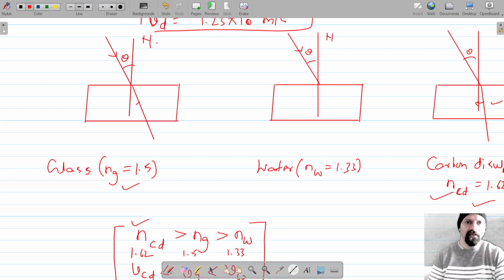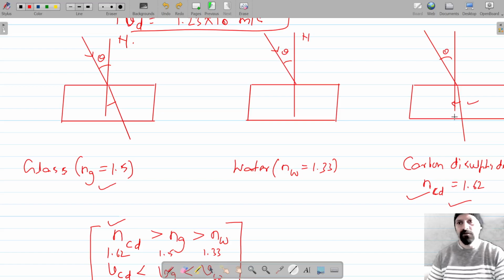So this angle of refraction R is more than this one. So this is greater than this.